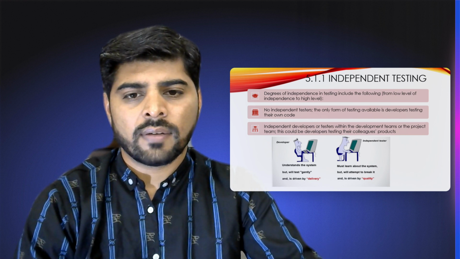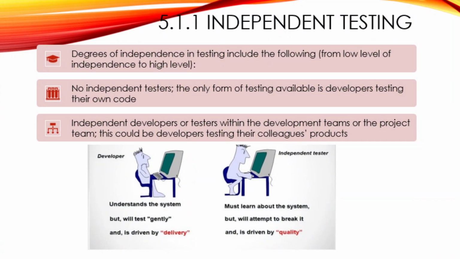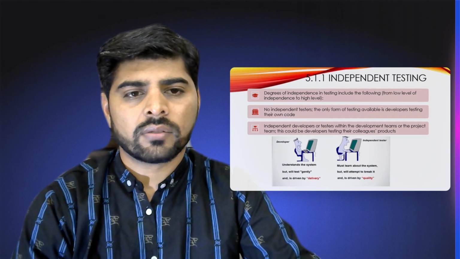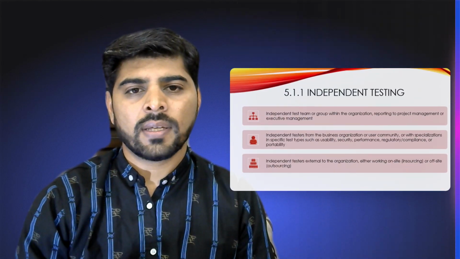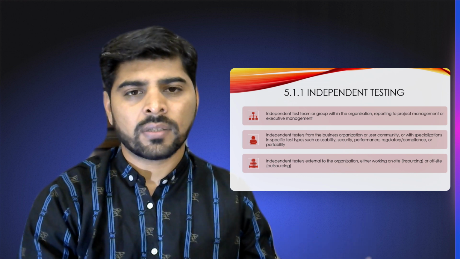When the developer tests their own product, they understand the system but will test gently. This is driven by delivery, whereas an independent tester must learn about the system, so they attempt to break it, and so are driven by quality. Another level could be independent testers from other departments.